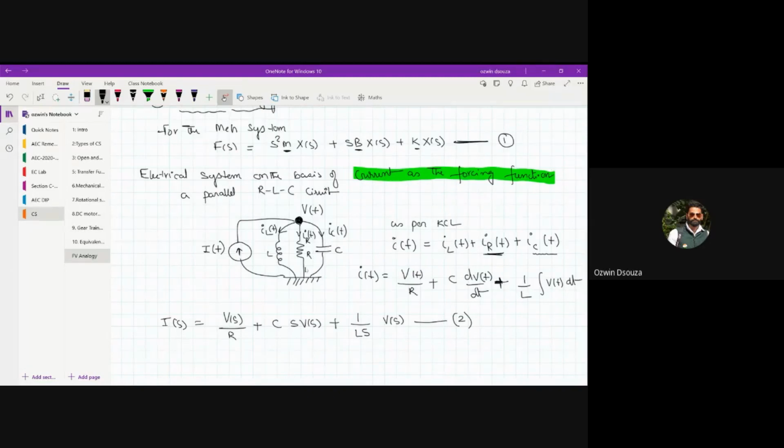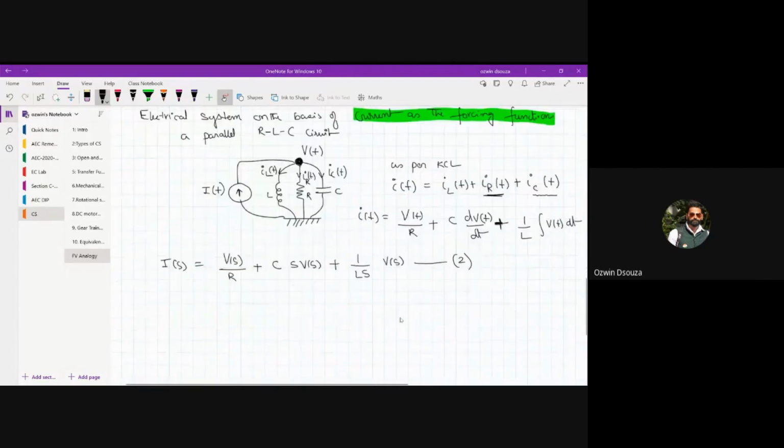So the degrees are not the same, hence you cannot compare equation 1 with equation 2, provided you bring in some valid manipulation to convert equation 2 into a second order system. Now, since the order of equation 2 is not equal to the order of equation 1, we will try to bring the order of equation 2 to a second order one.